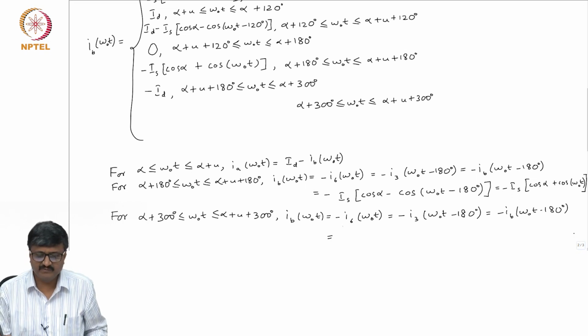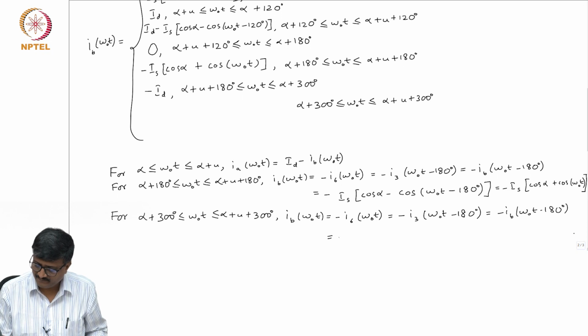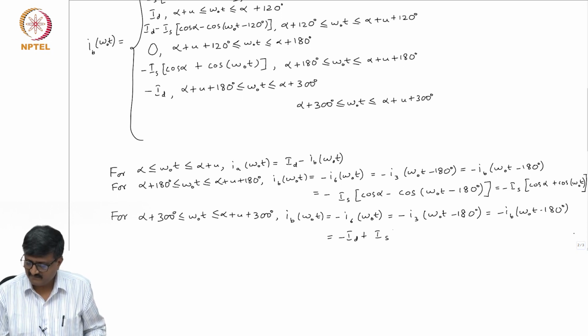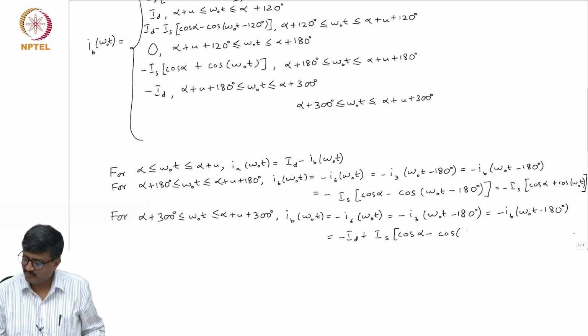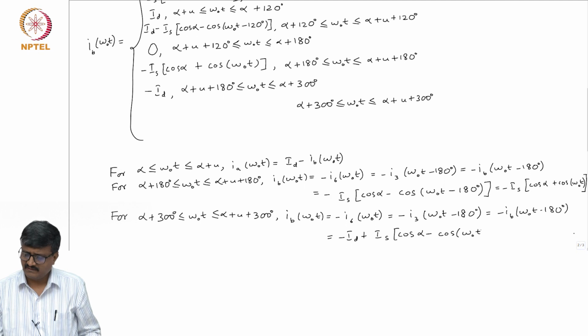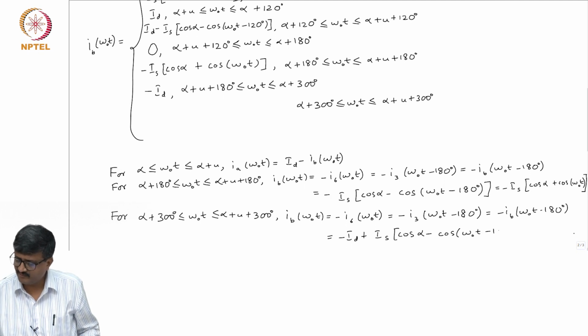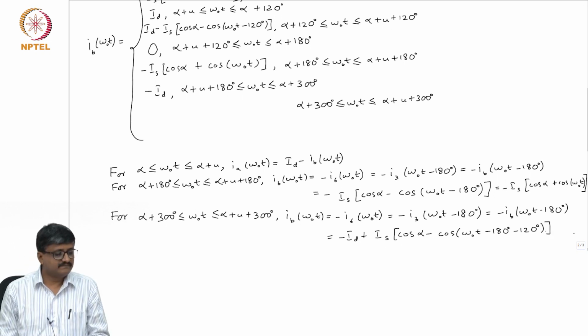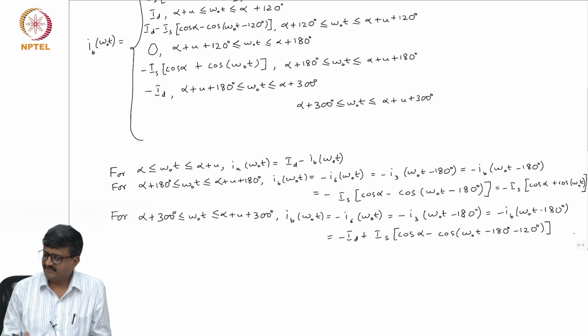So, this is equal to minus ID plus IS cos alpha minus cos, in place of omega OT I have omega OT minus 180 degrees. So, this can be simplified.